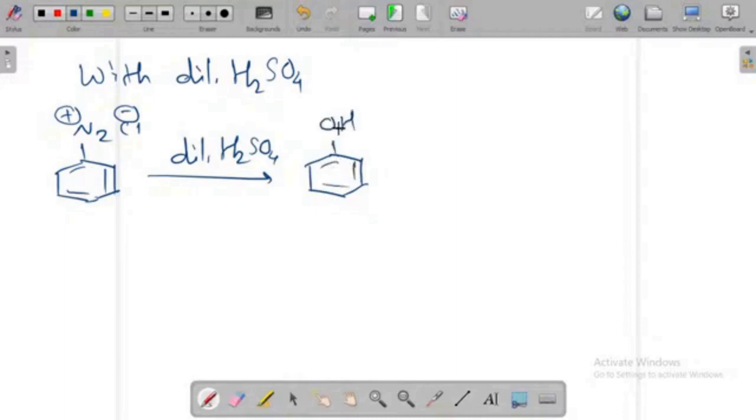And the byproducts are nothing but HCl plus N2. These are the byproducts.